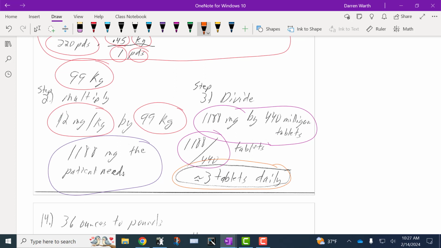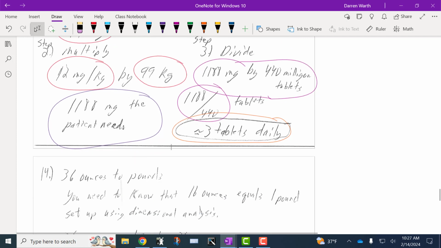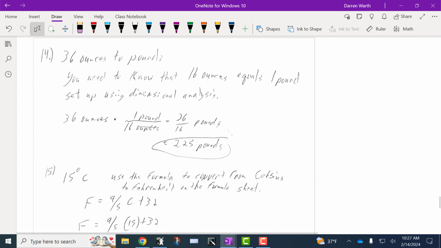Okay, number 14 says convert 36 ounces to pounds. To do that, you need to know that 16 ounces equals 1 pound. We're going to set it up using dimensional analysis. Here's my 36 ounces. I put pounds in my numerator, ounces in my denominator.